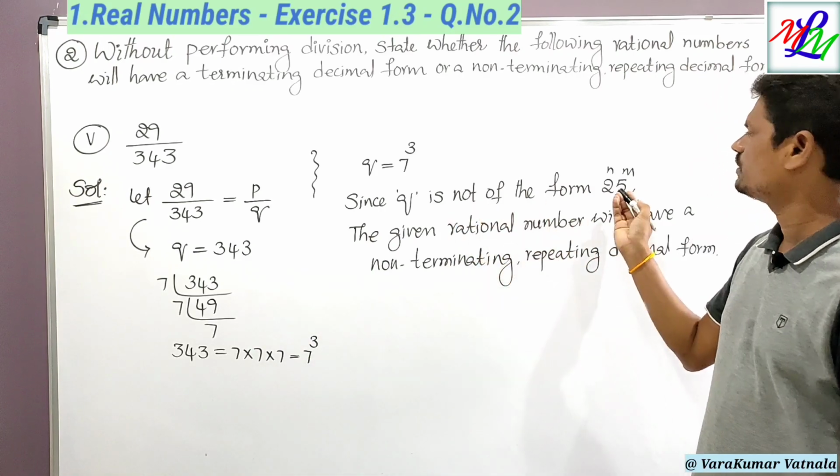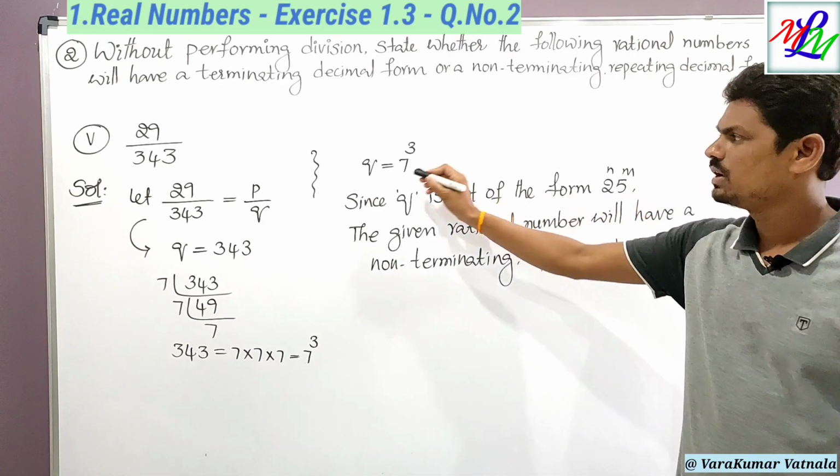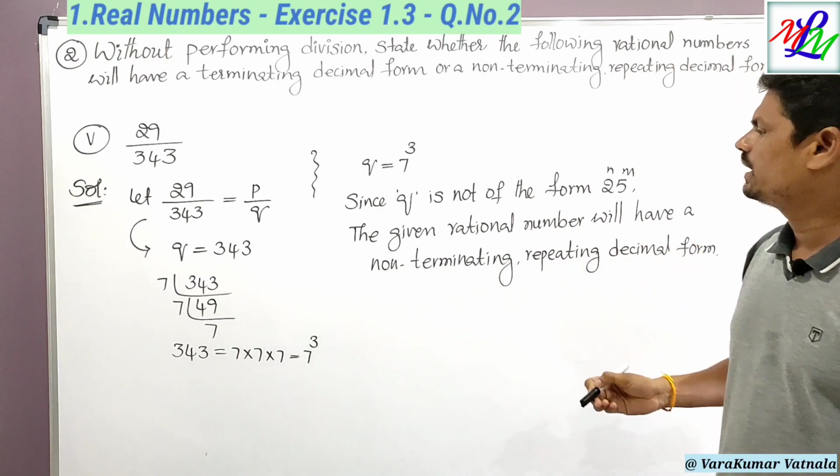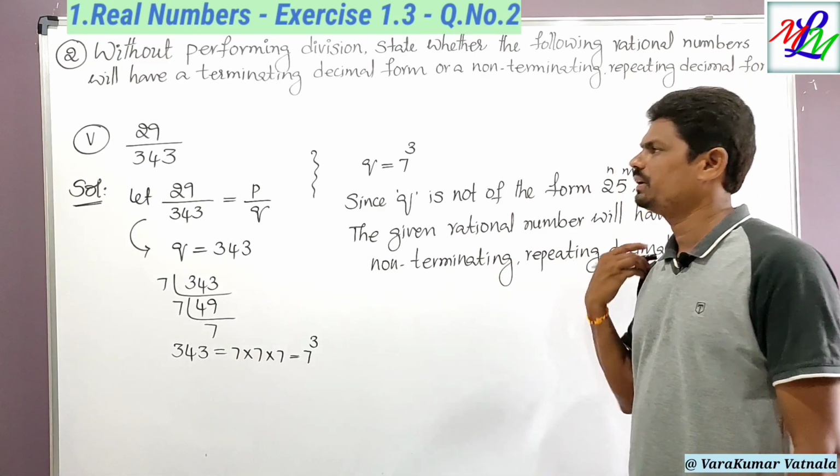Since q is not of the form 2 to the power n into 5 to the power m, q is equal to 7 to the power 3. Therefore the given rational number will have a non-terminating repeating decimal form.